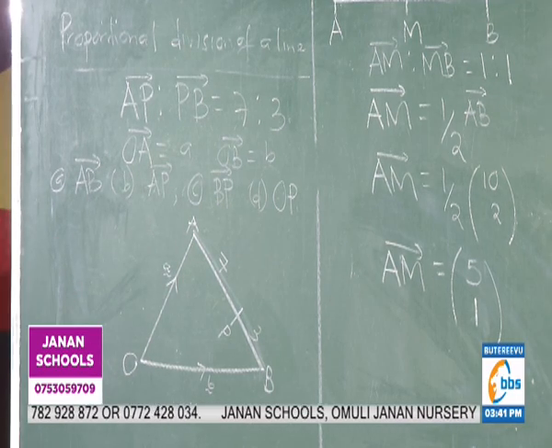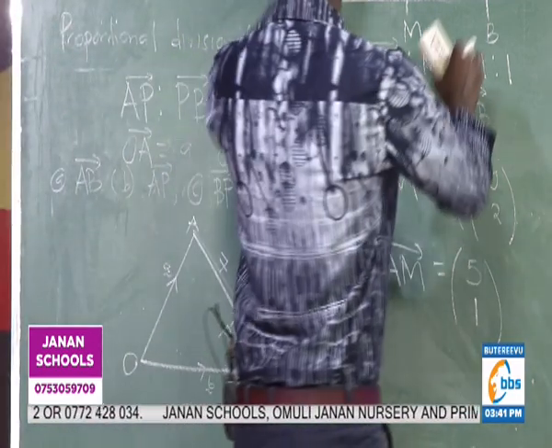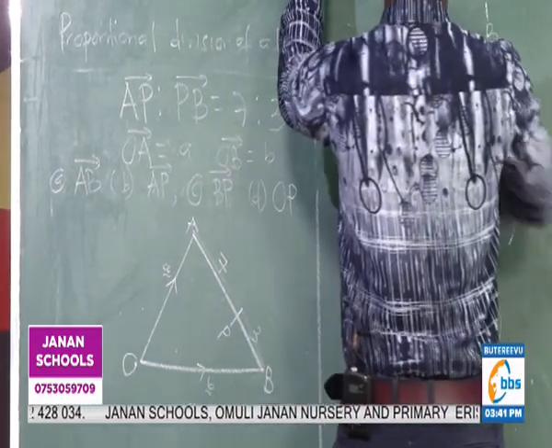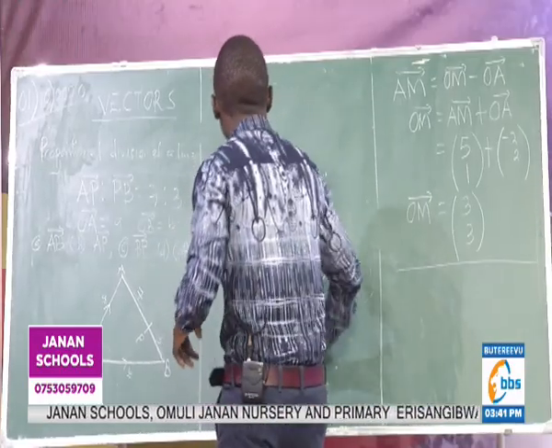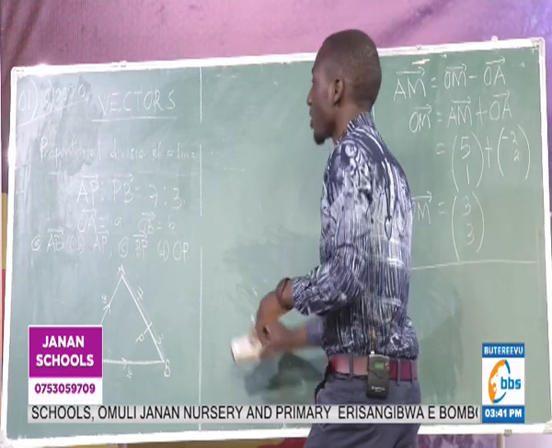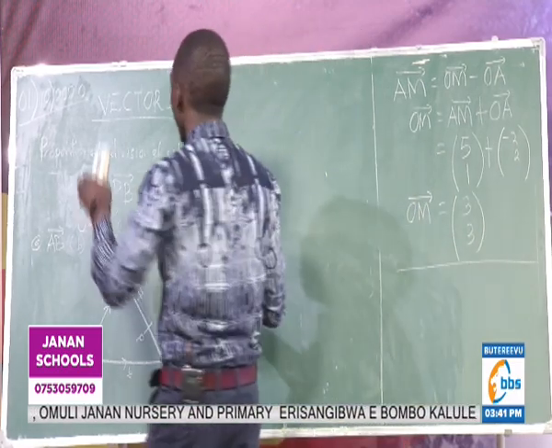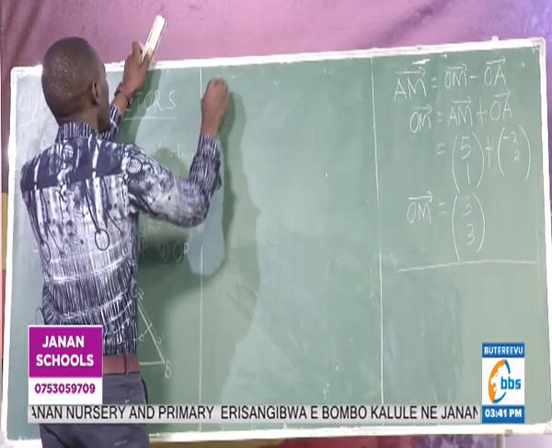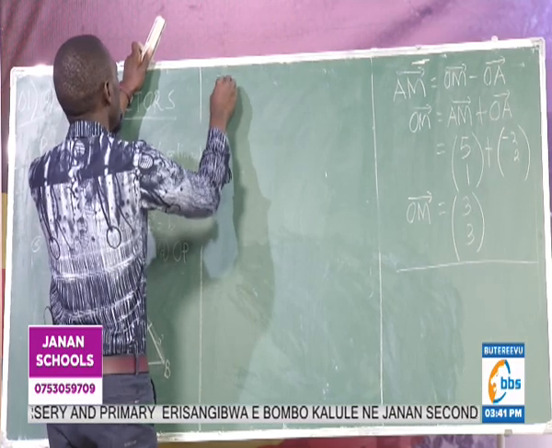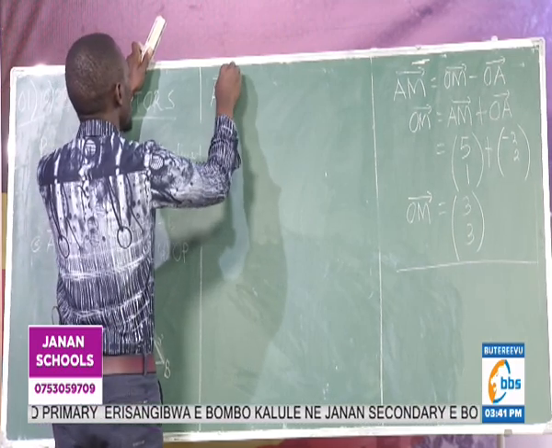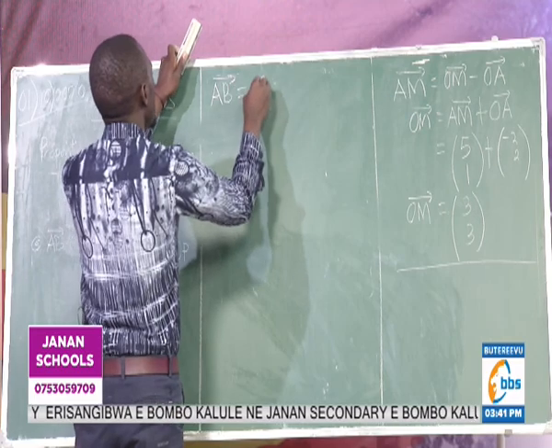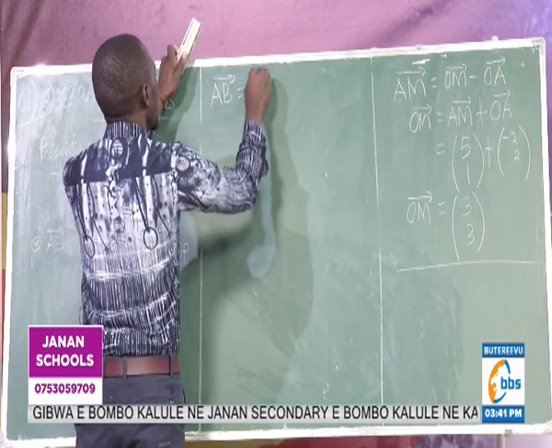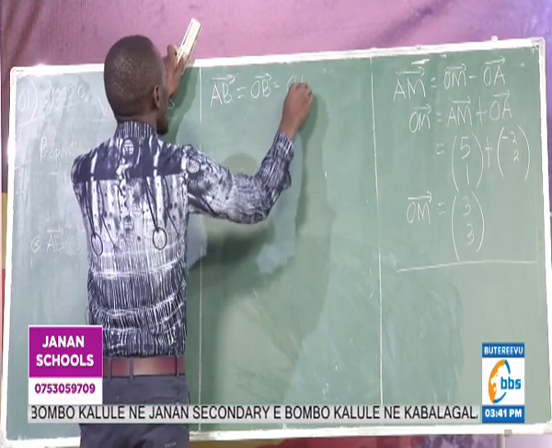So let me do it, and we are going to use the two possibilities that we have here. One, if I want to get AB from what we have been doing concerning position vectors, I can say AB is going to be the same thing as OB minus OA.